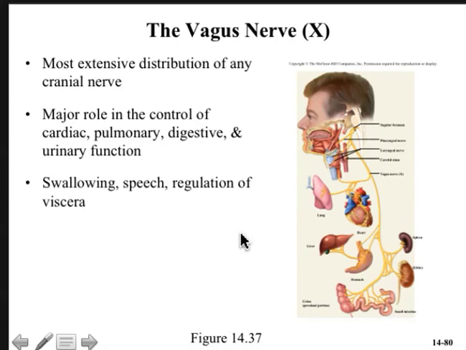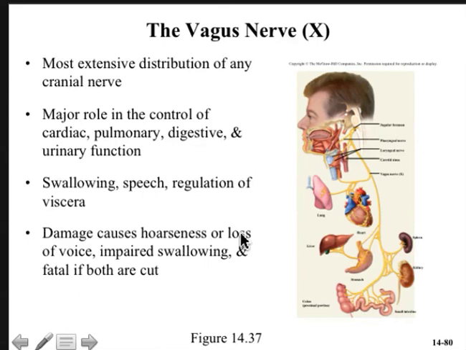It's involved in swallowing, speech, and regulation of the viscera, and damage to it can cause hoarseness or loss of voice, impaired swallowing, and you will die if both of the vagal nerves are cut. And the reason for this is because of its impact on heartbeat, respiration, and liver and kidney function. It's the inputs to the viscera that are keeping you alive.